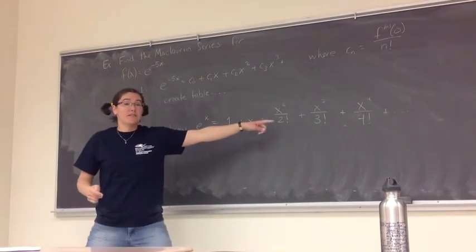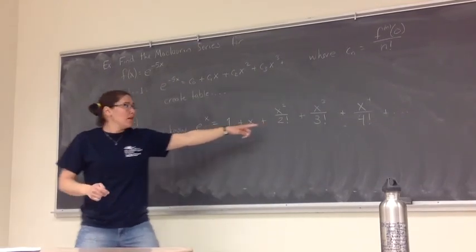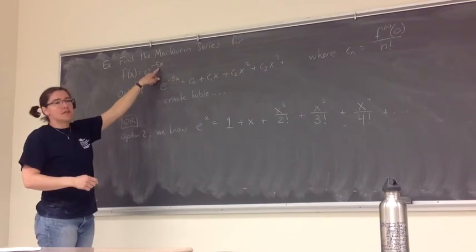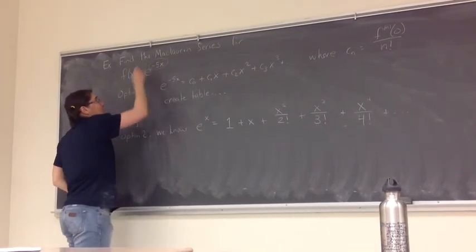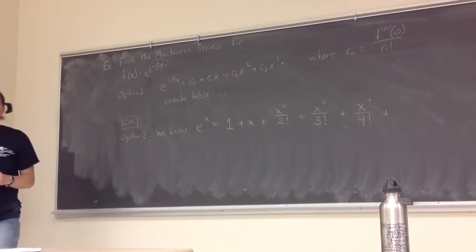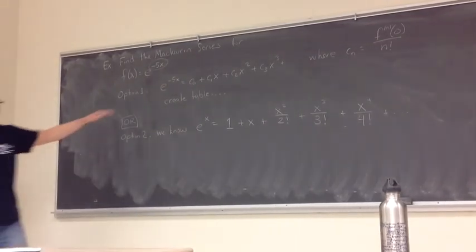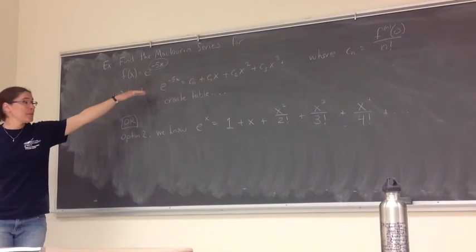And so I know that's true. And I'd like to find a power series representation for e to the minus 5x. So everywhere I see an x, if I replace it with my stuff, then I've got myself a new power series, and I don't have to go through this entire creating a table method up here.